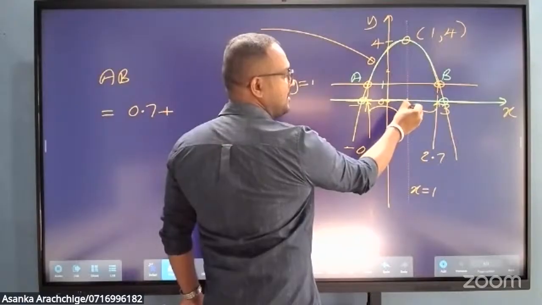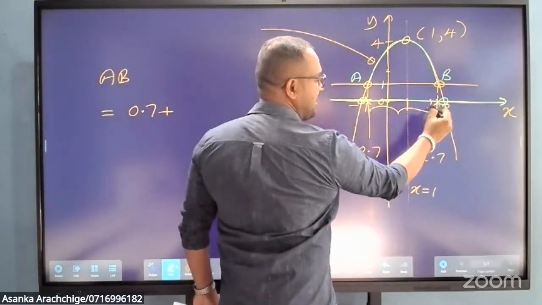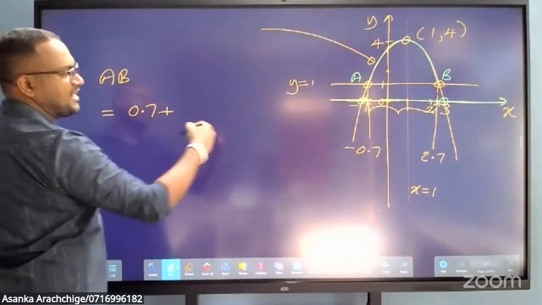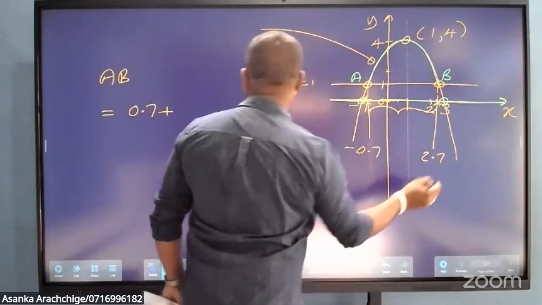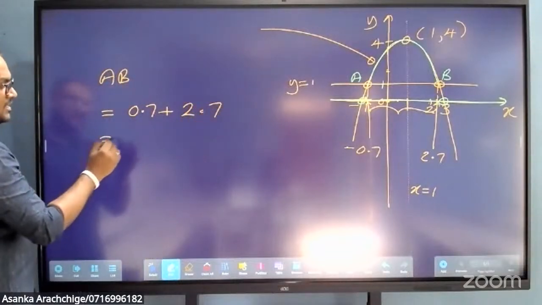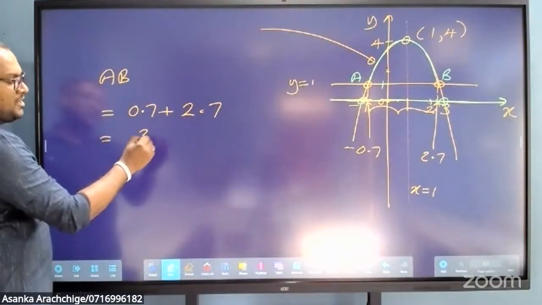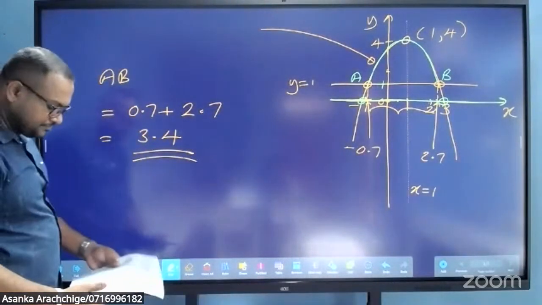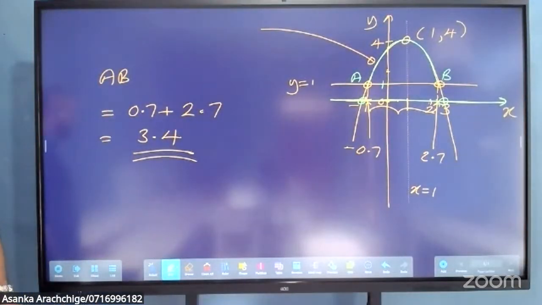This is 1, this is 2. Then we go from 0 to this point, 2.7. Then the answer is 0.7 plus 2.7, 3.4 units.